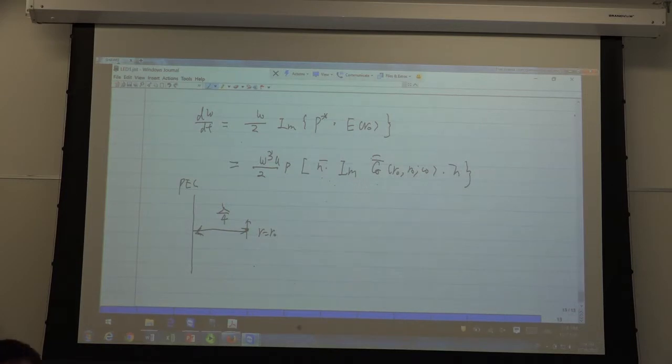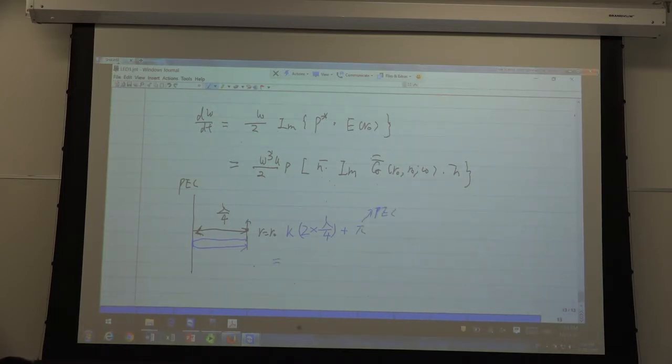the wave will go from here, reflect back, and go here, right? So they are in phase. So it's lambda over 4 multiplied by 2. This and this boundary produce another pi from the PEC.